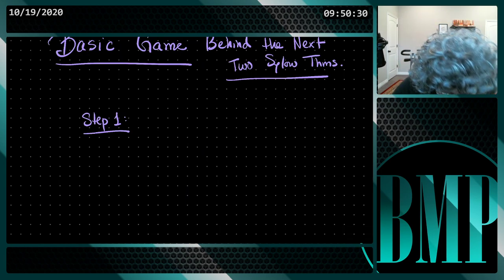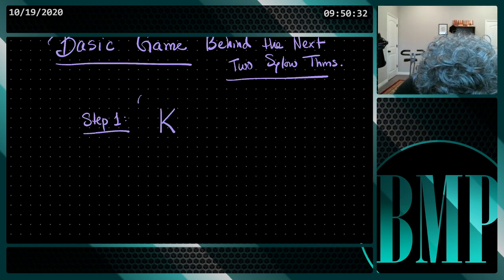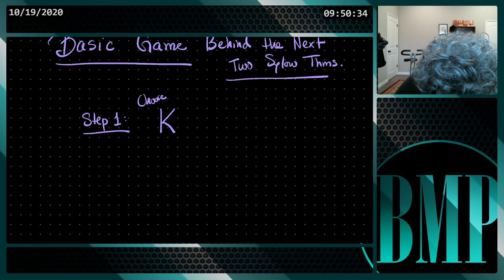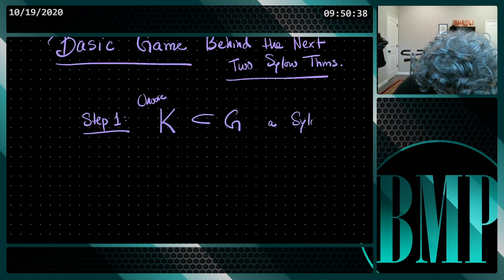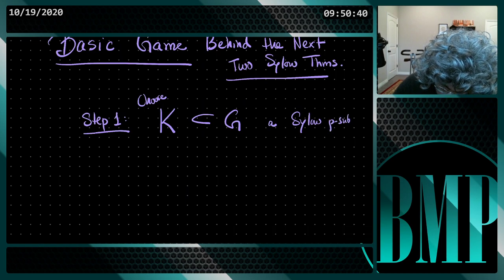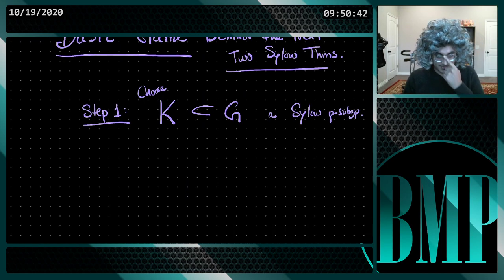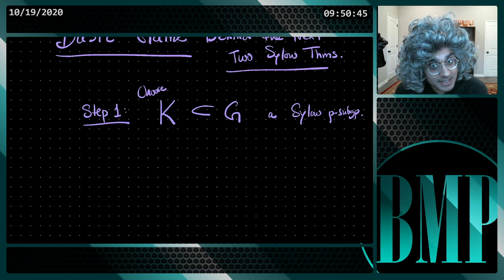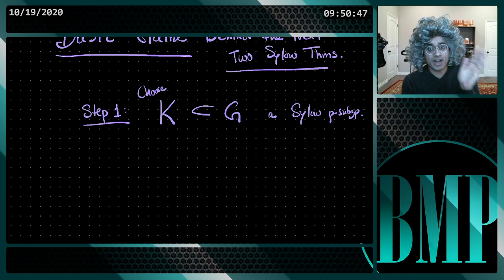Choose one Sylow subgroup. Then the next step is to write out all of its conjugates.